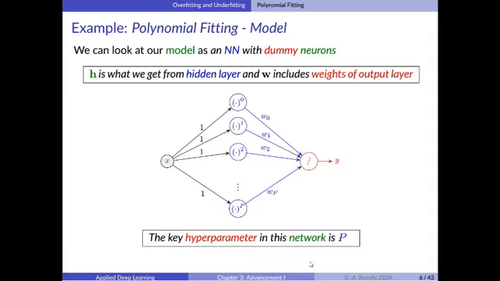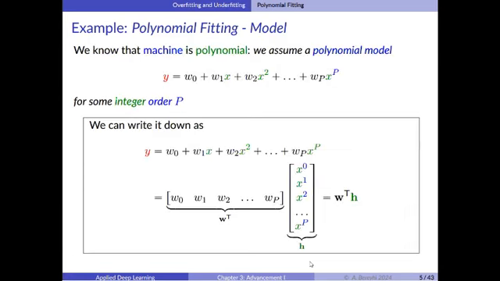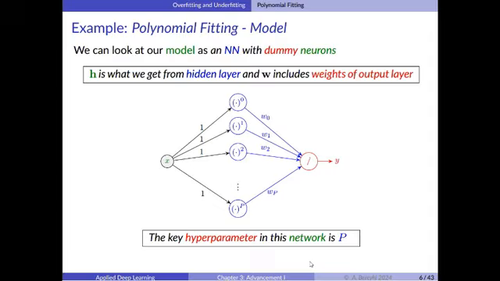The key hyperparameter in this network is P, and as you can see, P is the degree that we have here.